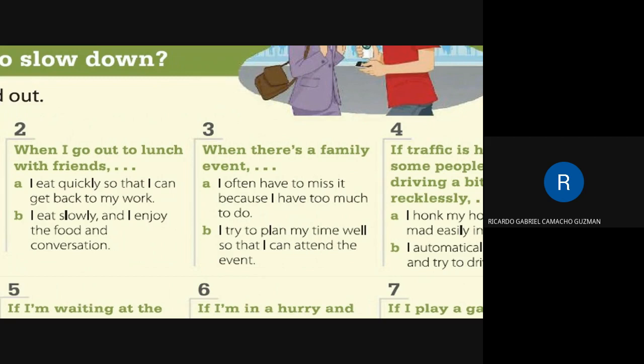You don't have time because of work, and when you go with your friends, you talk about your work? Or you gossip about your work? Both of them.